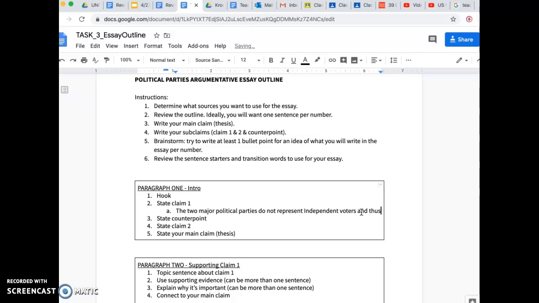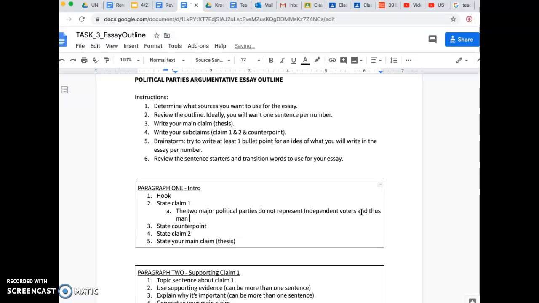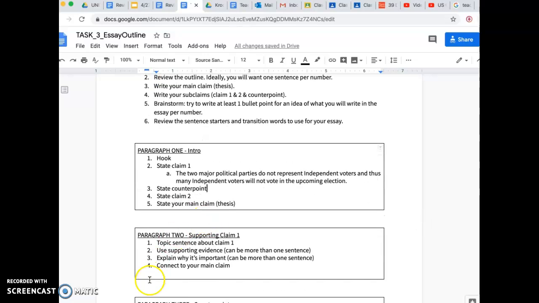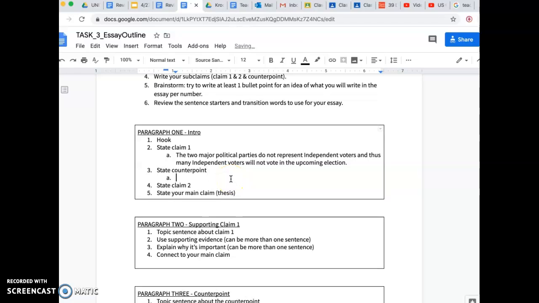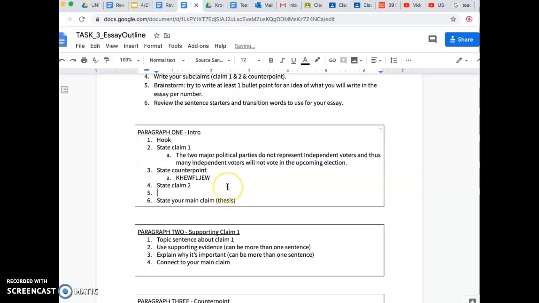And thus, many independent voters will not vote in the upcoming election. Okay, so it doesn't have to be this. It can be whatever you want it to be. But each of these should have something in there.